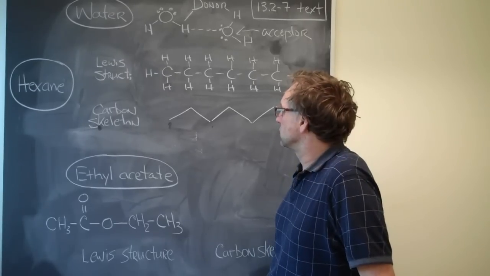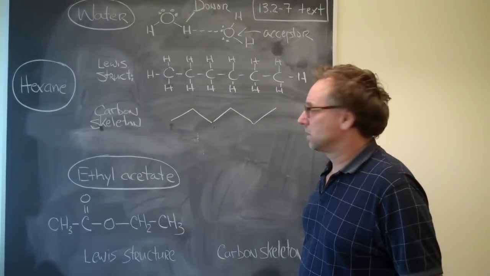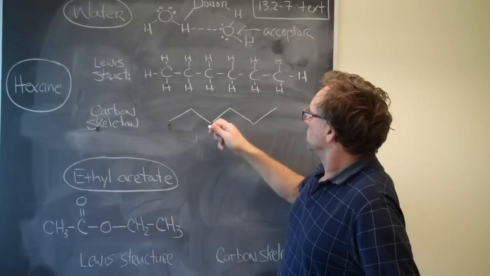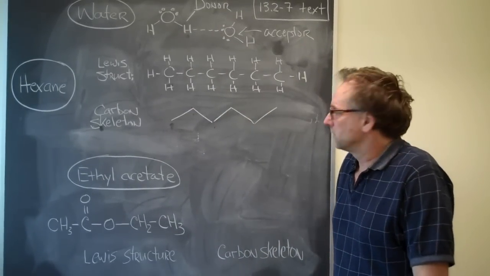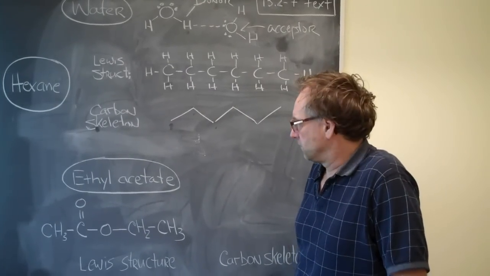We don't draw the hydrogens if they're attached to a carbon. In fact, we don't draw the carbon explicitly at all. They're just indicated by kinks or ends. So we've got a kink, CH2, another kink, CH2, and so on, and the end is a CH3. So that's the line drawing or carbon skeleton depiction of hexane.